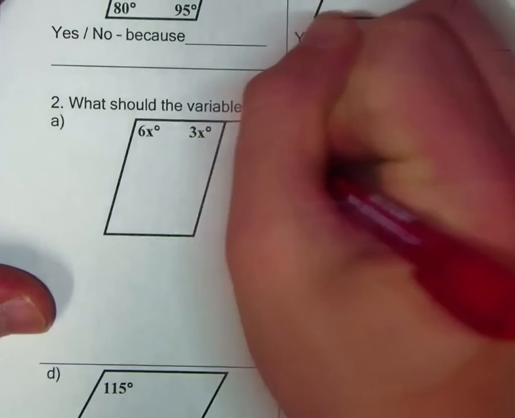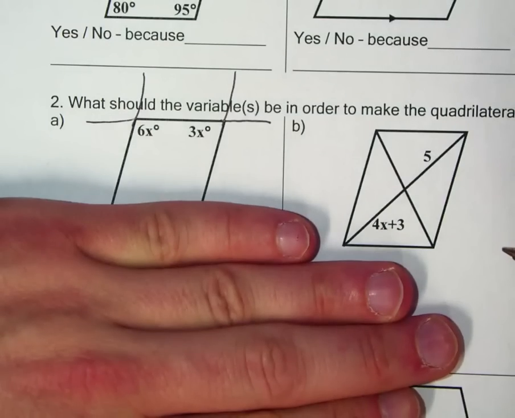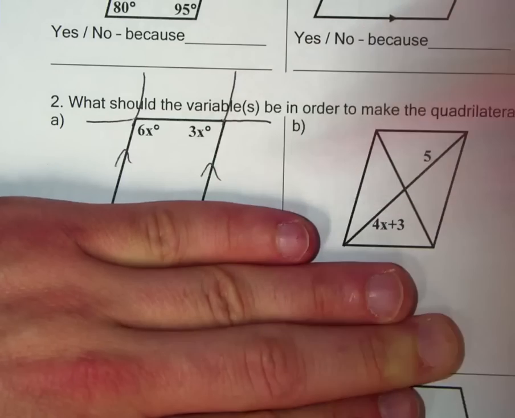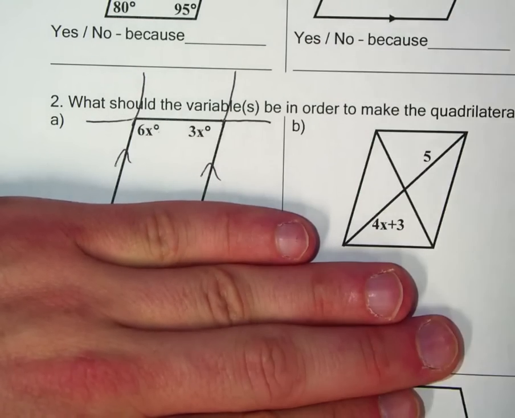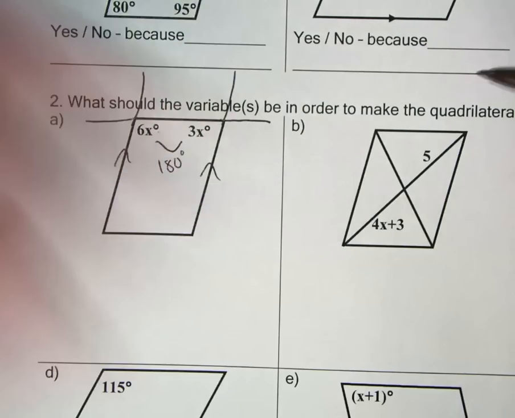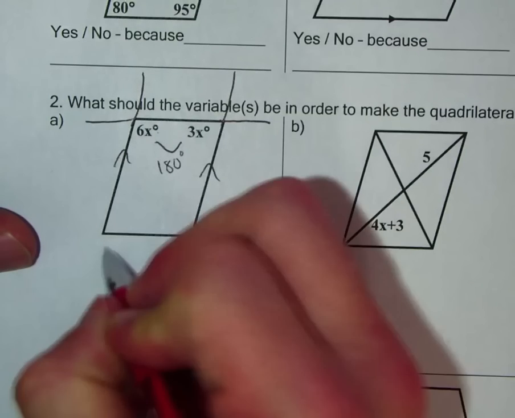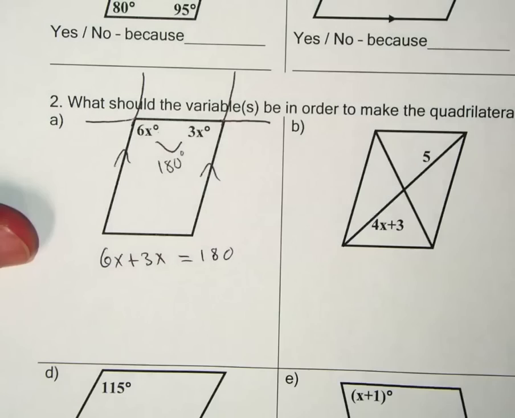Well, if you extend your lines, and you cover this up, if these are going to be parallel, what do I know about the relationship here? That's right, they sum up to 180. See the picture in a picture, so you can go ahead and write an equation and figure out what the x value is that would give you 180. So this could be a parallelogram. Okay, good luck.